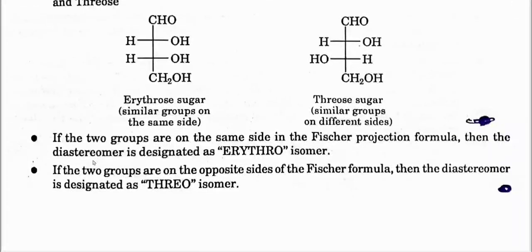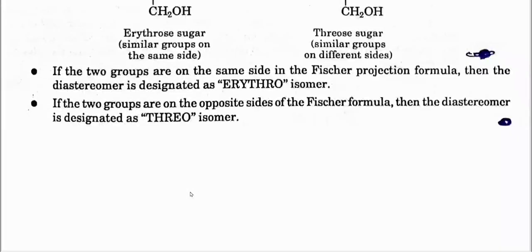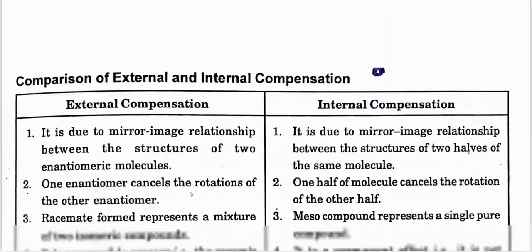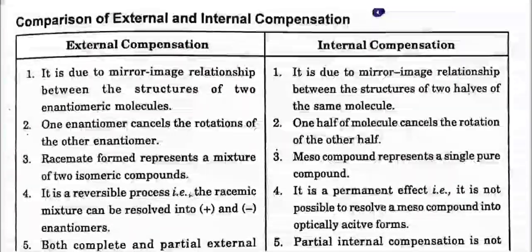Here we can see, if two groups are on the same side in the Fischer projection formula, then the diastereomer is designated as the erythro isomer. If the two groups are on opposite sides in the Fischer formula, then the diastereomer is designated as the threo isomer.